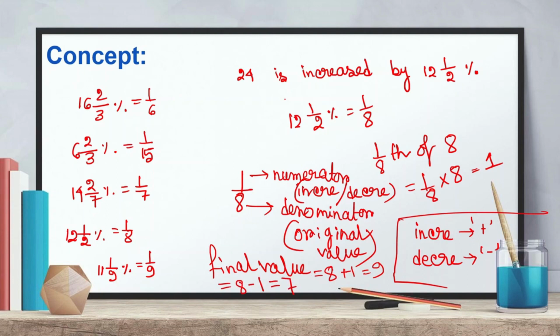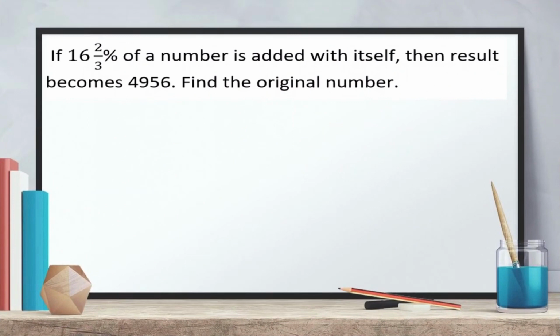Let us have an example. If 16 2/3 percentage of a number is added with itself, then the result becomes 4956. Find the original number. So here what is given?